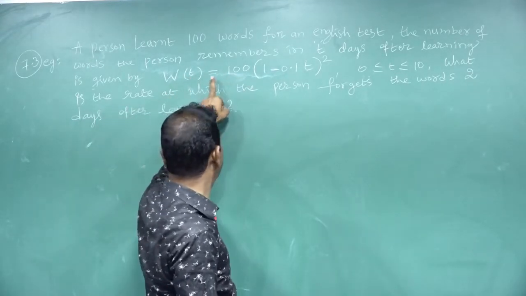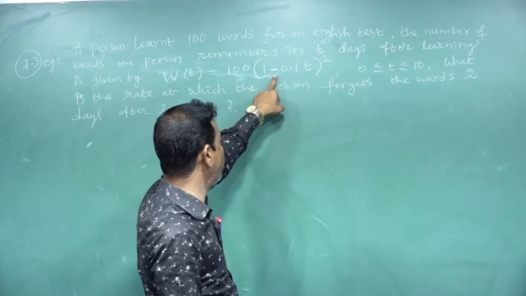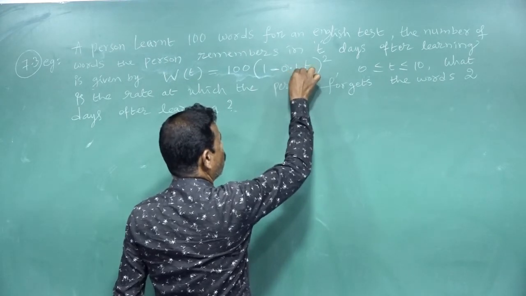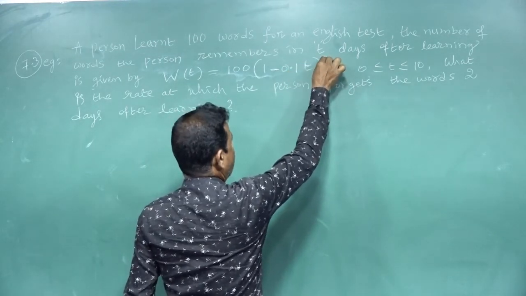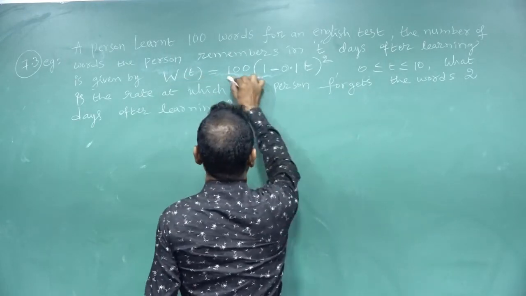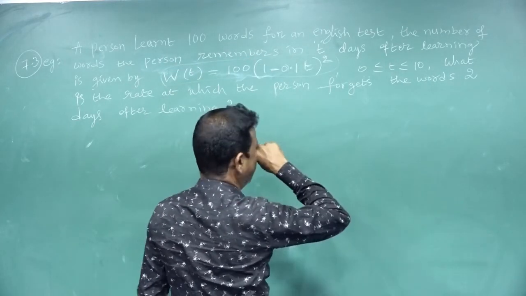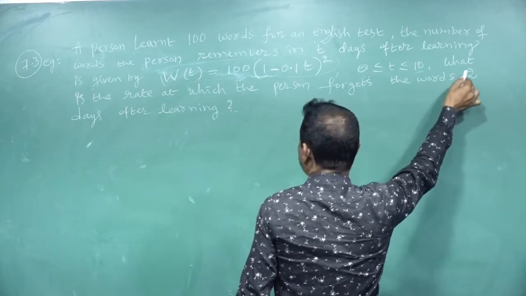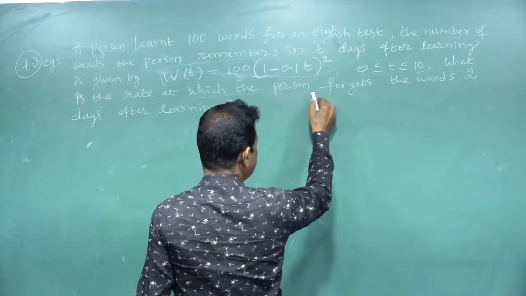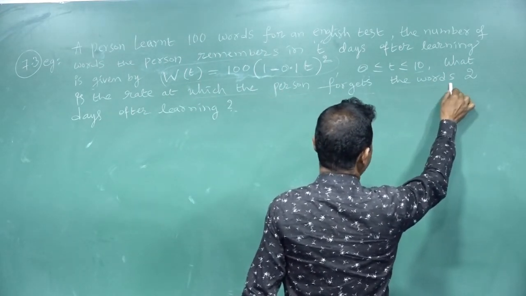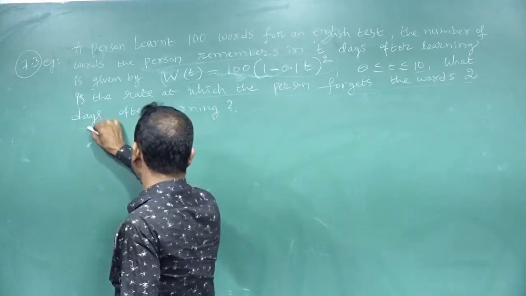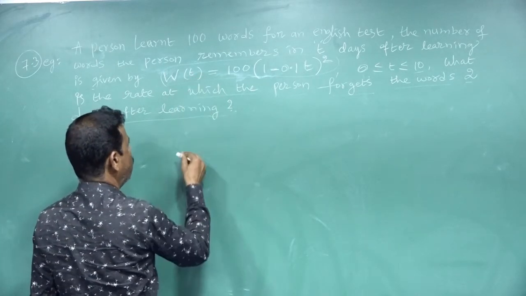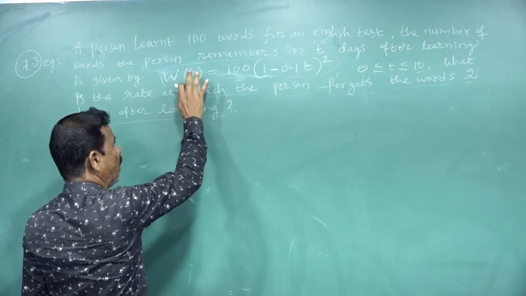This is the function: W(t) = 100(1 - 0.1t)^2, where t lies between 0 and 10 days. What is the rate at which the person forgets the words 2 days after learning?